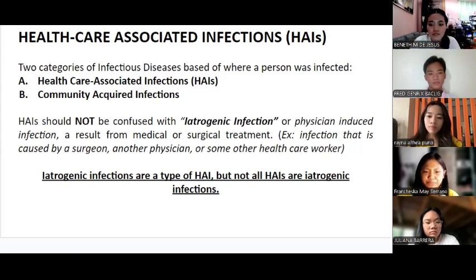For example, in a surgical incision, there was an infection, and it is called iatrogenic because the physician was the one who introduced the infection, not some other kind of vector or port of entry. So never interchange them, but iatrogenic infection is a type of HAIs, but not all HAIs are iatrogenic infections.